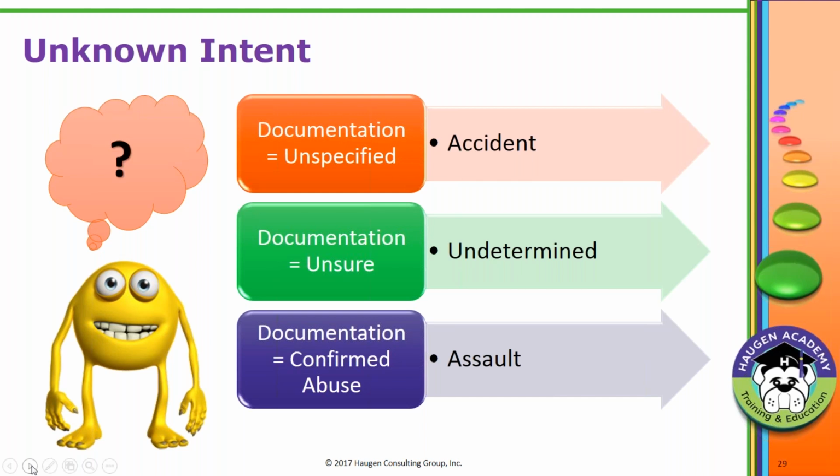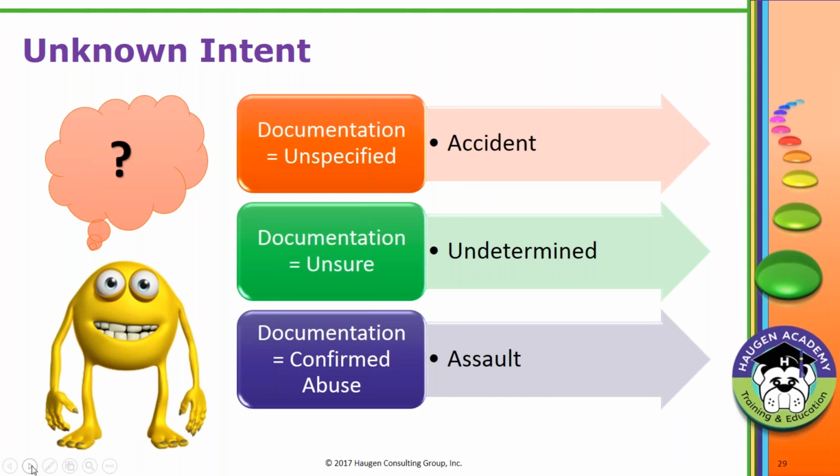So let's give you an example. If a physician states a child fell out of a second-story window, it would be assumed to be accidental. But now if the physician states that the patient fell out of a second-story window, and now there's suspicion for abuse, an undetermined intent code would be assigned.